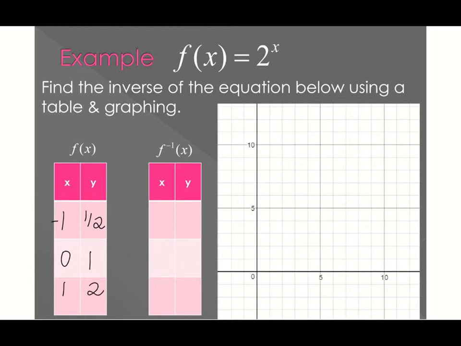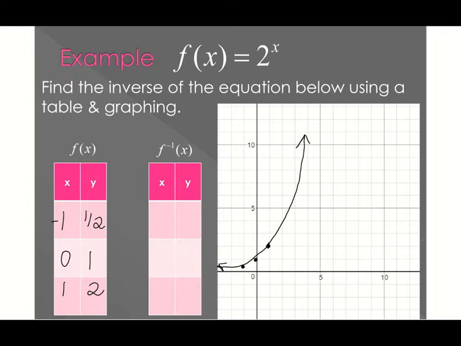If we were to plot these 3 points, we could have our sketch of our exponential 2 to the x. At -1 I'm at 1/2, at 0 I'm at 1, and at 1 I'm at 2, so I can sketch my exponential. Remember, I'm coming towards my asymptote at 0. We'll get really close, but never cross.